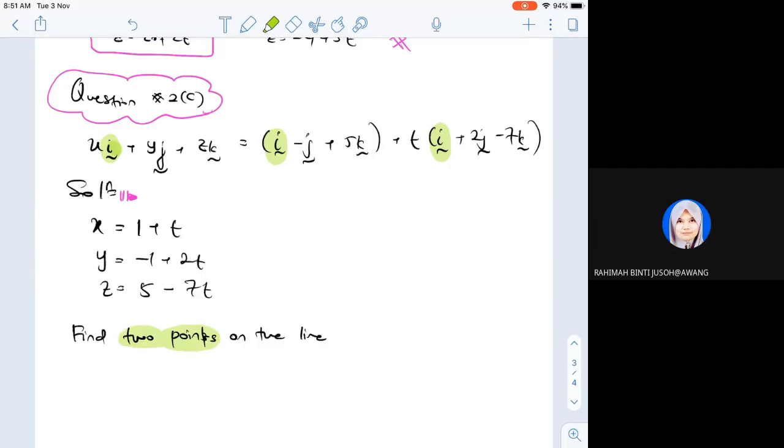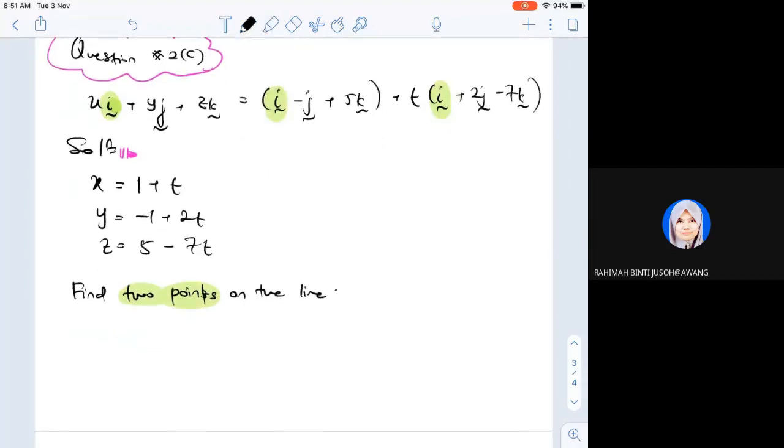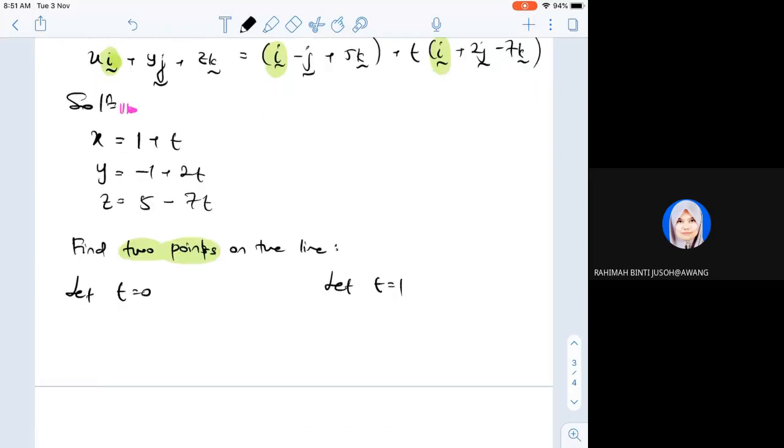So what you can do here is substitute. You can let t equal 0 and also you can let t equal 1. Actually, you can let t equal 2, 3, 4, up to you. That's why I told you in subtopic 1.4, we can have more than one solution. A lot of solutions. So you can substitute any value of t in this question.